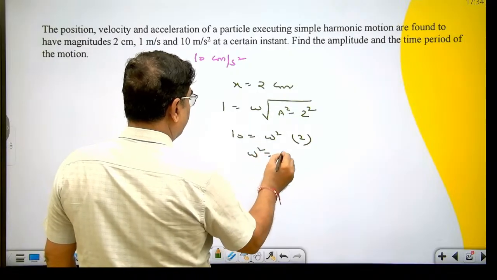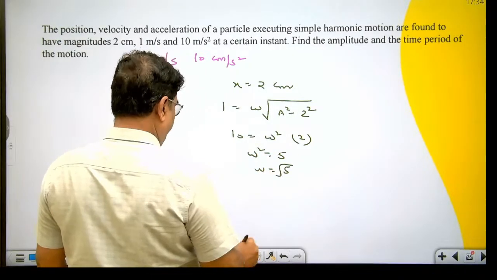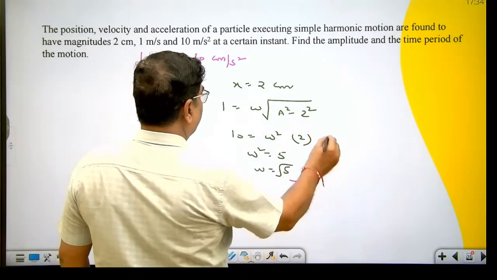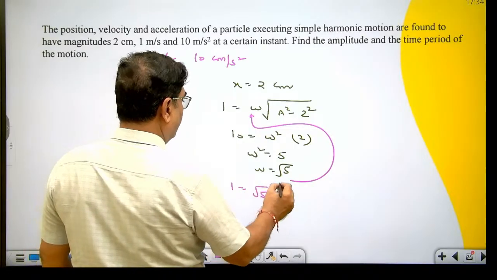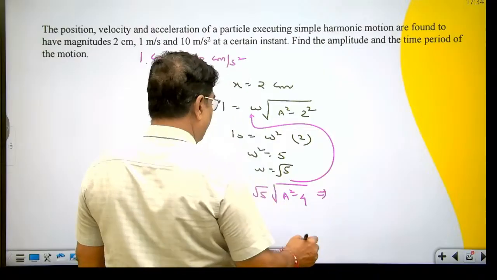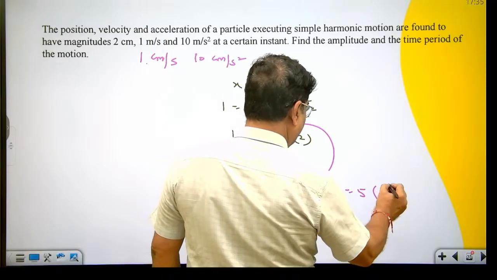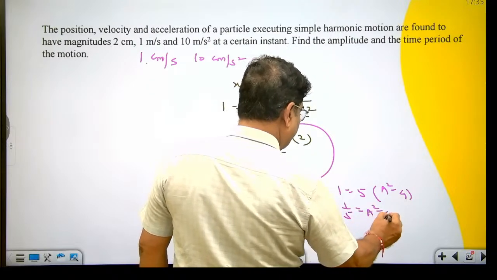So omega square equals 5, and omega is under root 5. Once omega is found, you can easily find A. 1 equals under root 5 times root of A square minus 4. Make the square: 1 equals 5 times (A square minus 4). So 1 upon 5 equals A square minus 4.